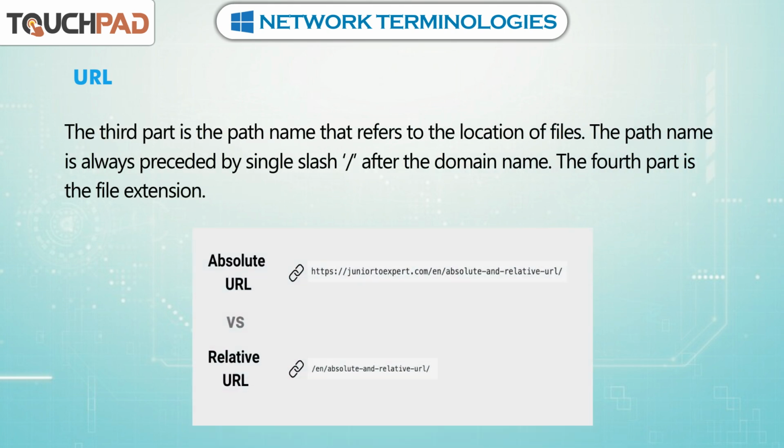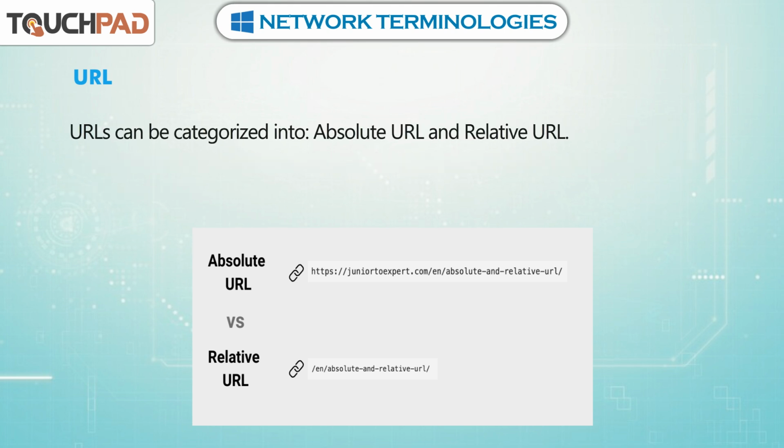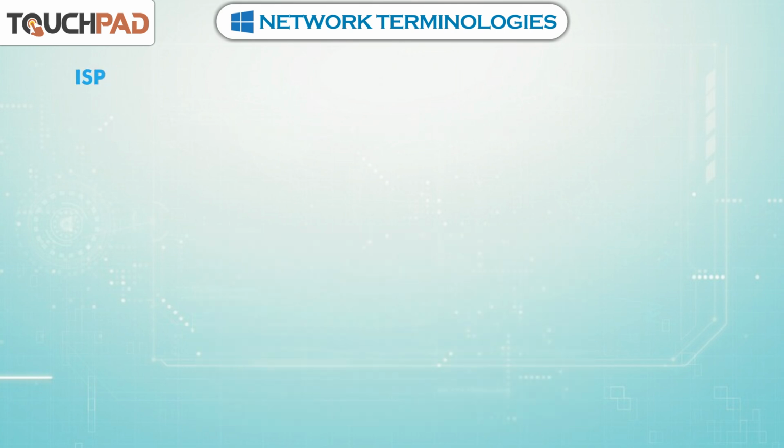The third part is the path name that refers to the location of files. The path name is always preceded by a single slash after the domain name. The fourth part is the file extension. URLs can be categorized into absolute URL and relative URL.